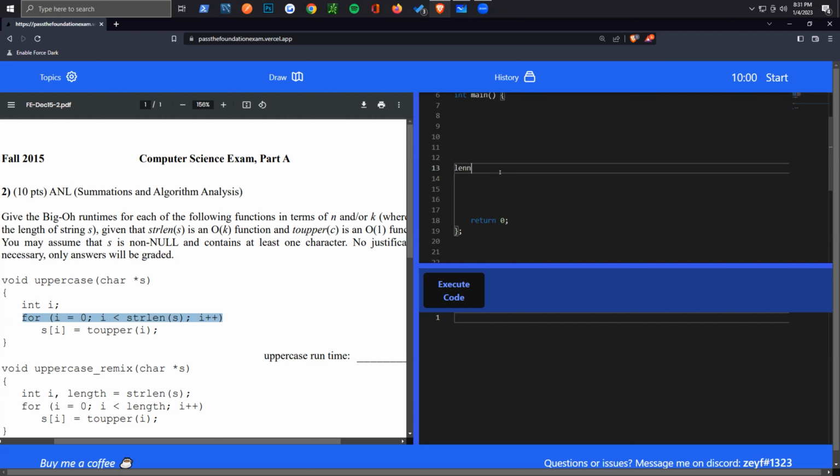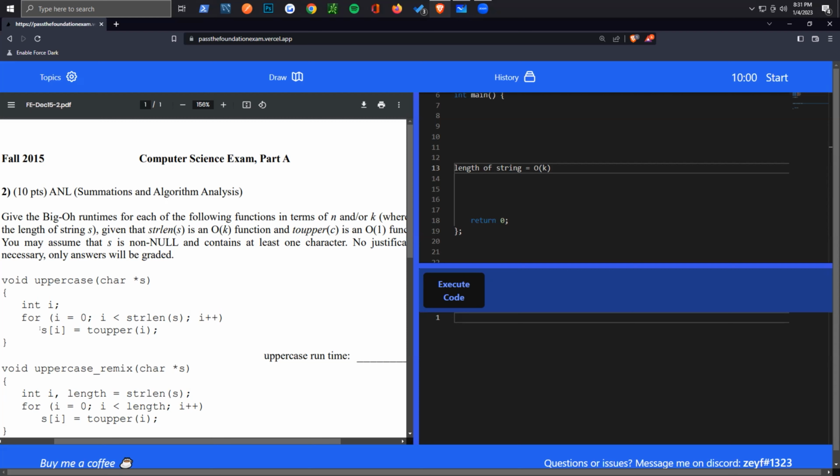So length of string equals k. Okay, so we know that calling this is an O of k function. So as of right now, we're at O of k because we have to call this at least once to run. And since we're going to be iterating up until k, which is the length of the string, we know at least we're going to be at O of k.